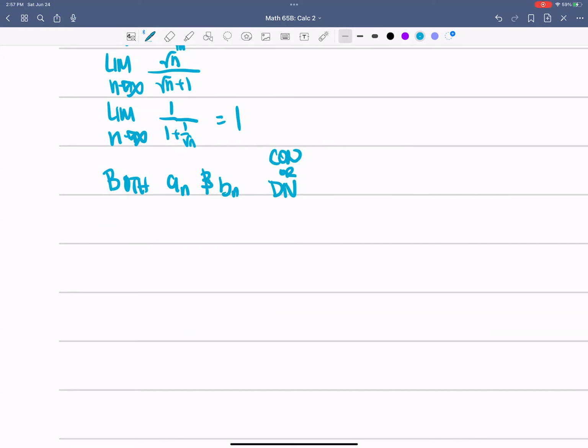So now let's look at the limit as n approaches infinity of b sub n. So 1 over the square root of n. As n gets larger and larger, we end up with 0.